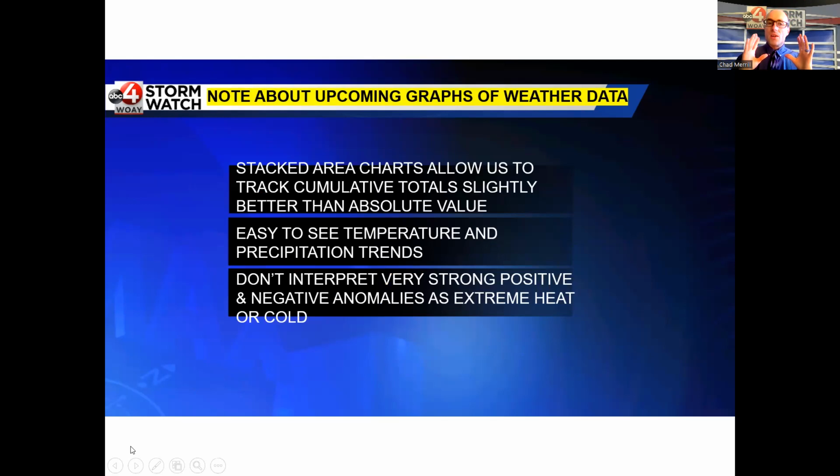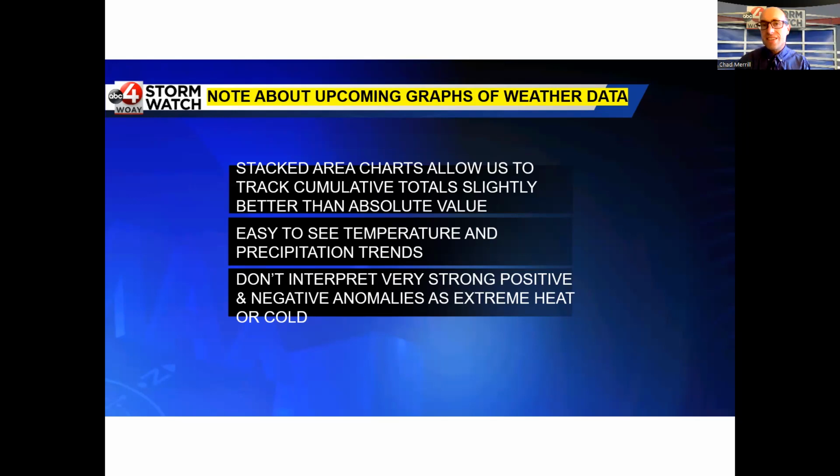we are going to show you what are called stacked area charts. That allows us to track the cumulative totals better than the absolute value. So let's say we have a 5-day stretch where several of our analog years show the temperature is 3 to 5 degrees below average. On the graph, it'll show the last day in that cold cycle as being 15, 20, 30 degrees below average because it's taking the cumulative total of the past couple of days that have been below average.